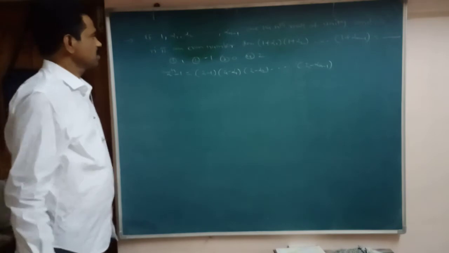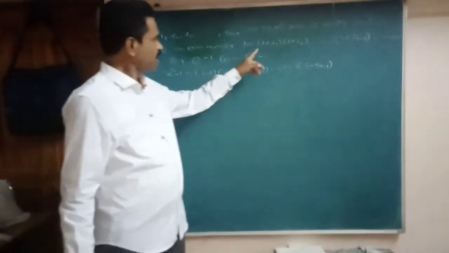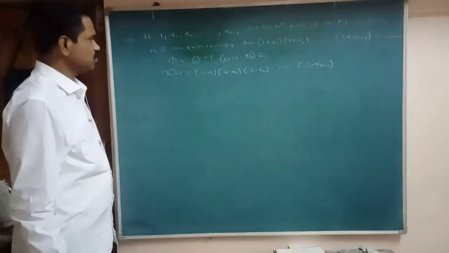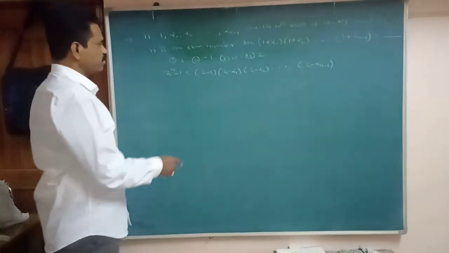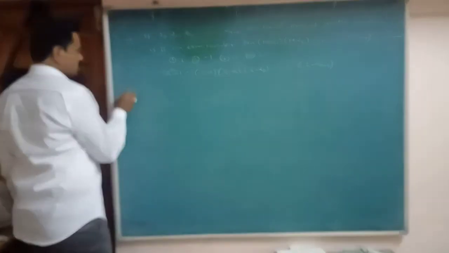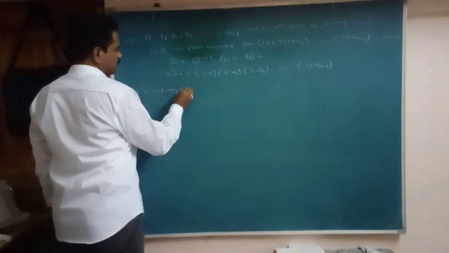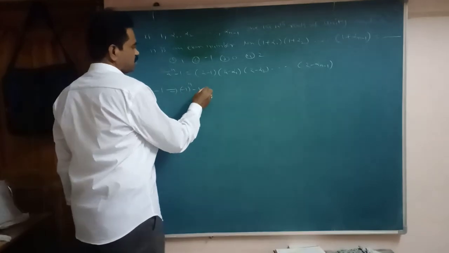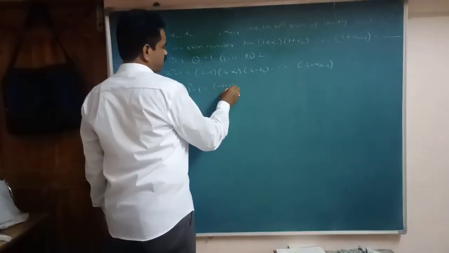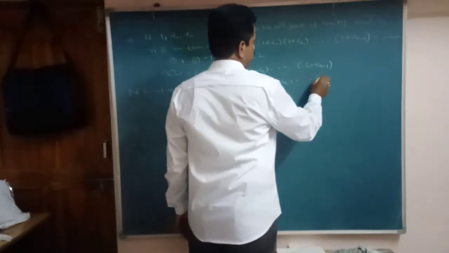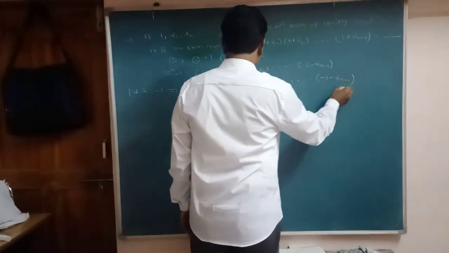See here, 1 plus alpha 1 is there. So for getting 1 plus alpha, what I am doing here, put z equal to minus 1, I am substituting here. It is how much here? Minus 1 power n minus 1. It will become minus 1 minus 1, minus 1 alpha 1, minus 1 alpha 2, so minus 1 alpha n minus 1.